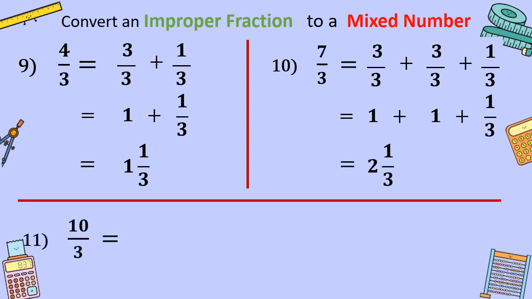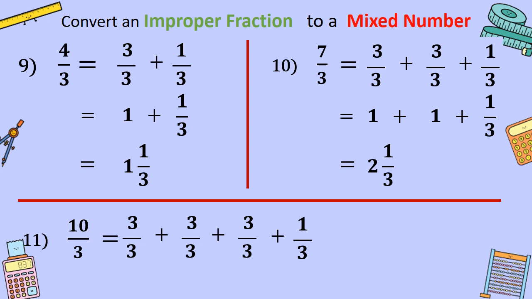Last example, 10 by 3. Now again 10 by 3 can be written as 3 by 3 plus 3 by 3 plus 3 by 3 plus 1 by 3. If we add the three fractions together, we get 9 by 3, and 9 by 3 plus 1 by 3 will give us 10 by 3, which is what we had initially.